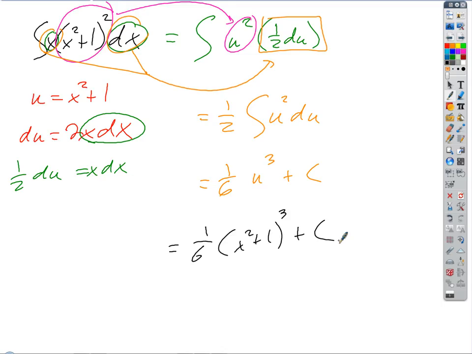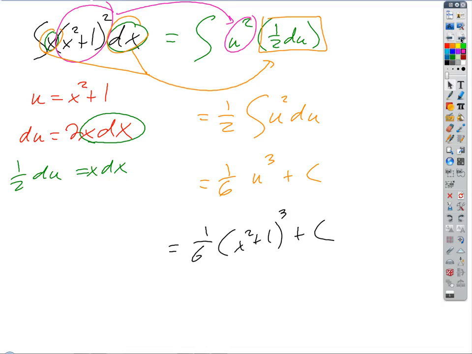Okay? Let's try another one. Leave it there for a sec. But I don't get how you found it. If we find the derivative of 1/6, that doesn't equal x squared plus 1.